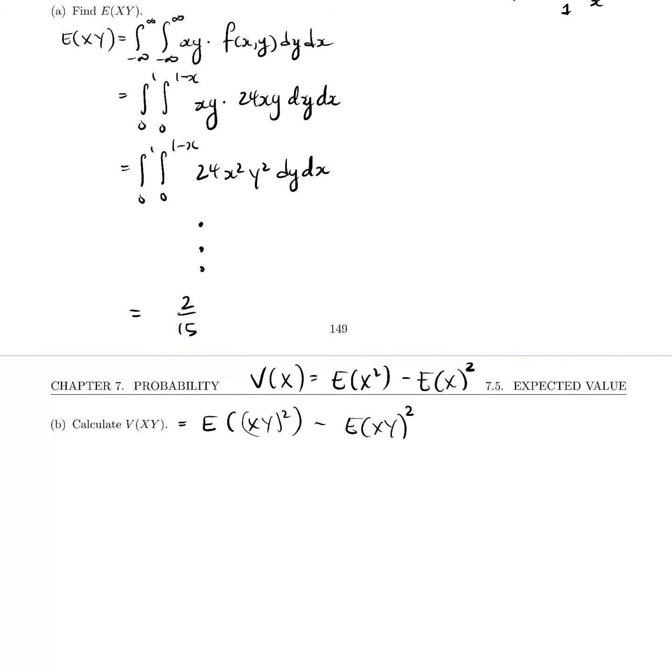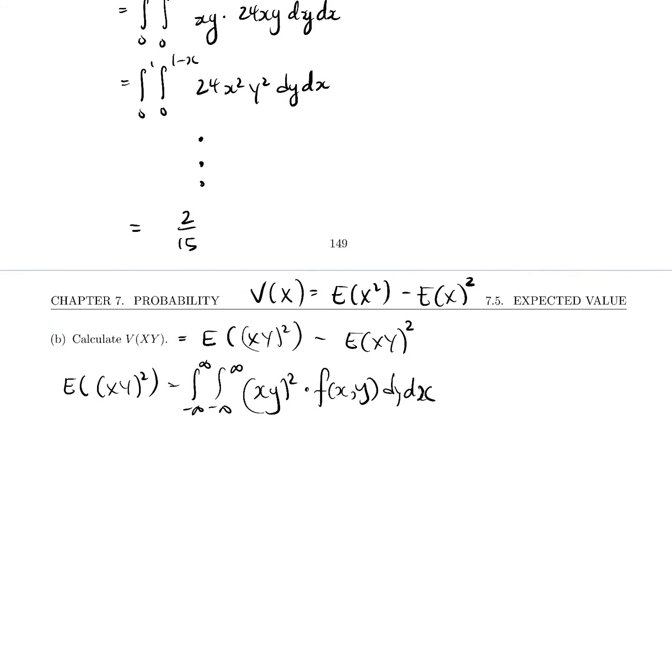And so that is going to be another application of the bivariate LOTUS. So the expected value of (xy) squared is the double integral from minus infinity to infinity of the function (xy) squared times the density f of xy dy dx. Now this, again with the correct bounds, is from 0 to 1, and from 0 to 1 minus x, we get x squared y squared times the same density, 24xy dy dx.